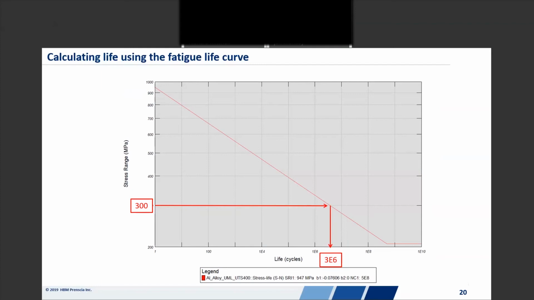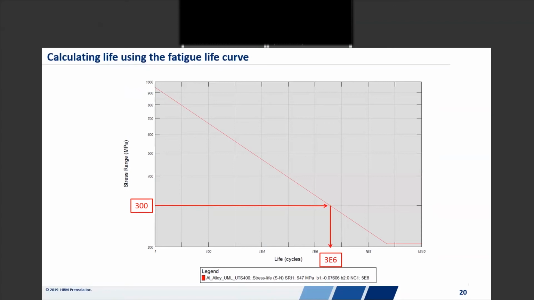Another way to look at this is to go in and say, I have my 300 megapascal cycle, I come over and I come down, and now think about what that really means for a single cycle. It took 300 million cycles to break the part. So I could imagine that that one cycle uses up 1 over 300 million of the life.